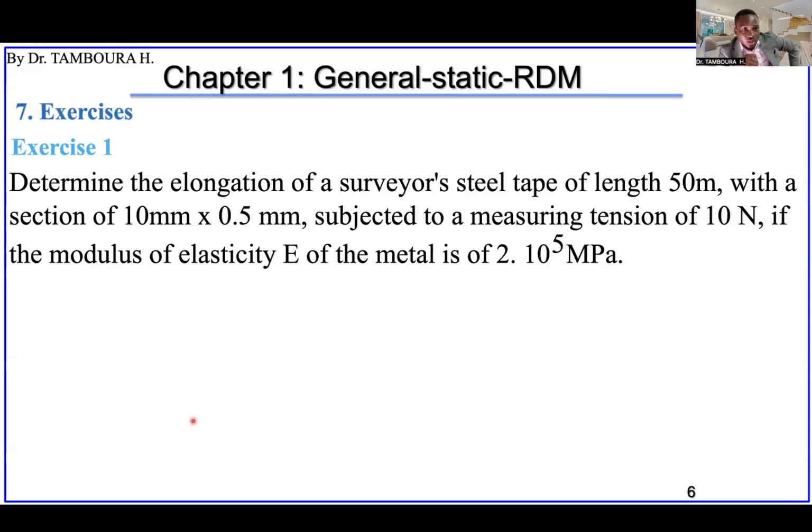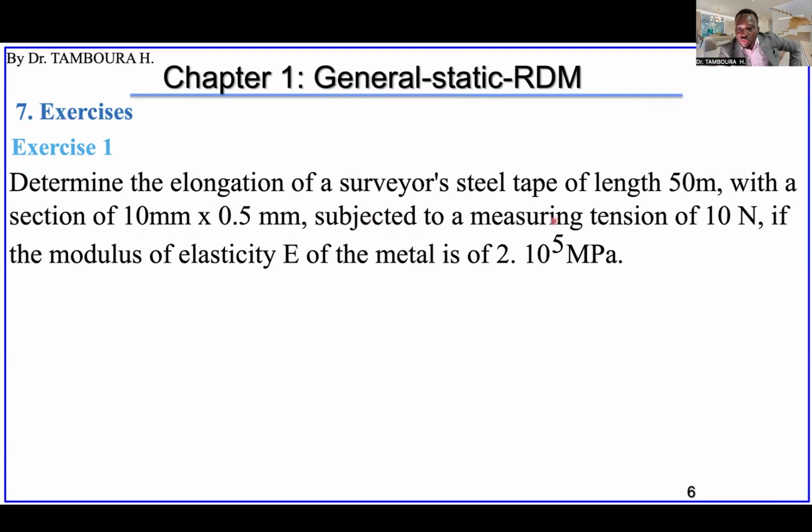Exercise number 1. We want to determine the elongation. Elongation means the increment of the length of the steel top. The total length is 50 meters, and the section is 10 by 0.5 millimeters.